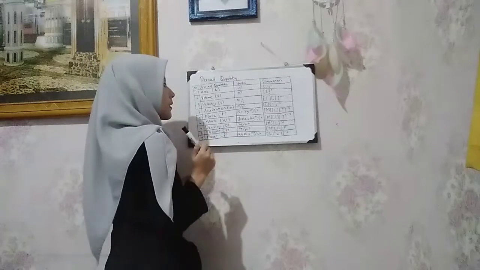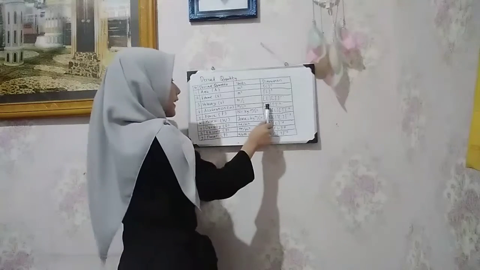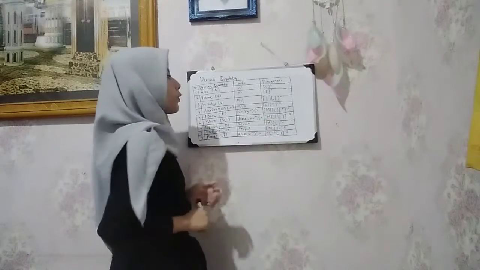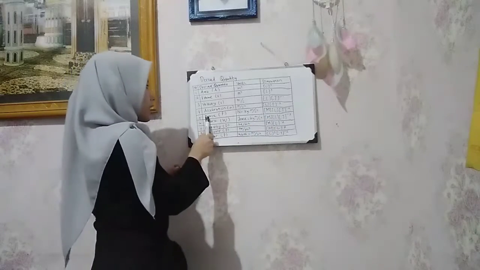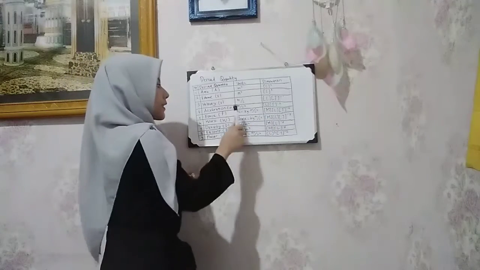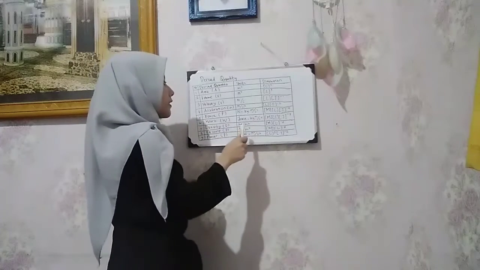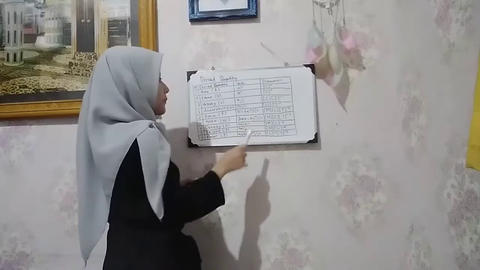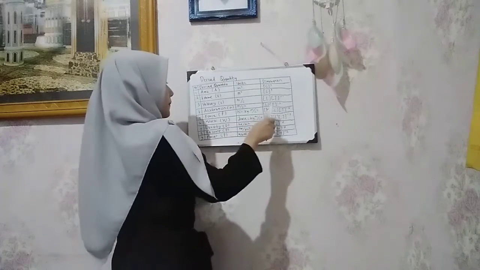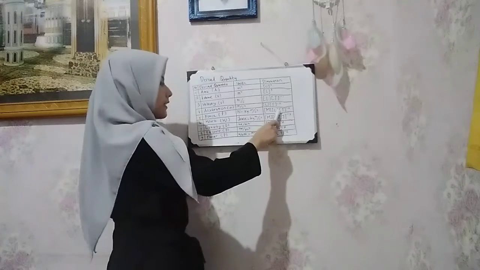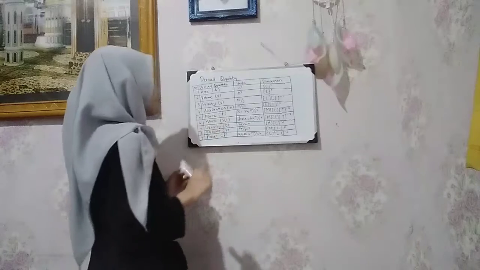Meter per second square. Dimension is L t to the power of -2. Force. Unit is Newton or kilogram meter per second square. Dimension is M L t to the power of -2.